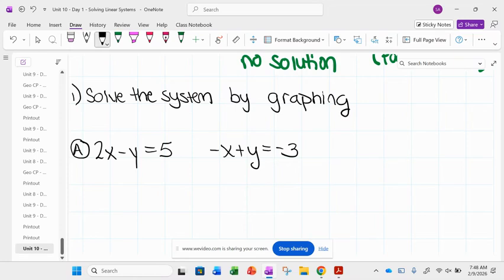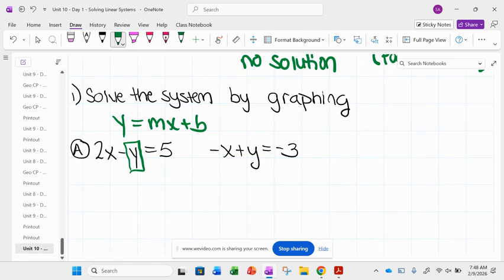All right, now in order to graph this, who remembers from Algebra 1, what format do we need to put this in for me to be able to graph this? You got it. We want it in slope-intercept form. We want it to look like y equals mx plus b. So in order to make this look like y equals mx plus b, I need to isolate the y.